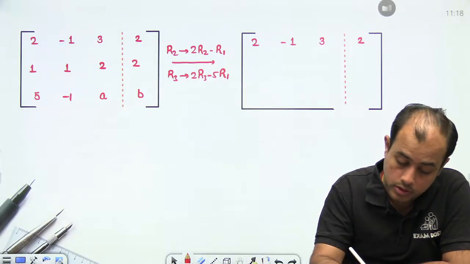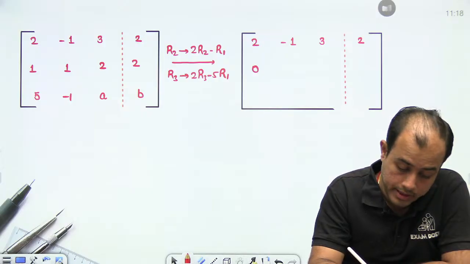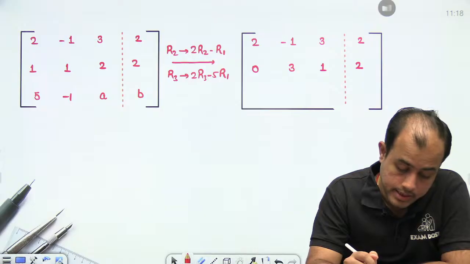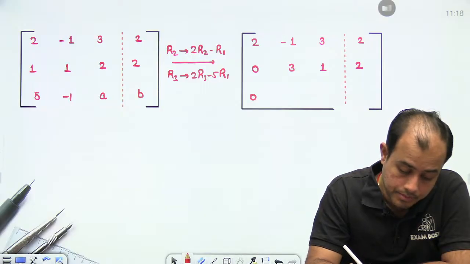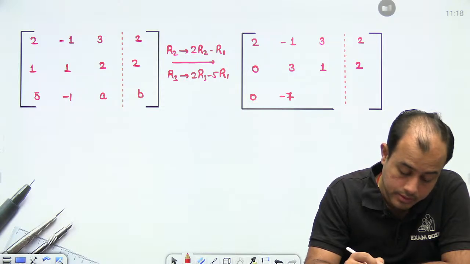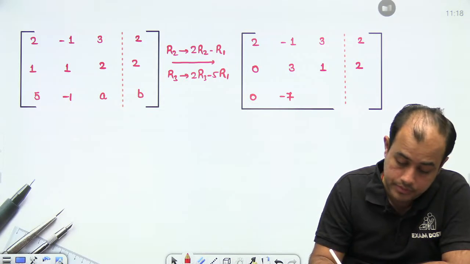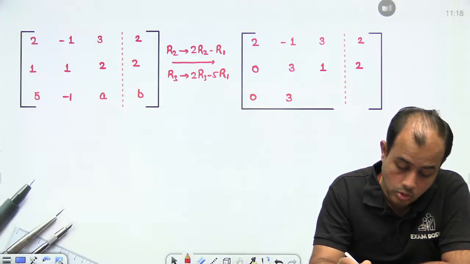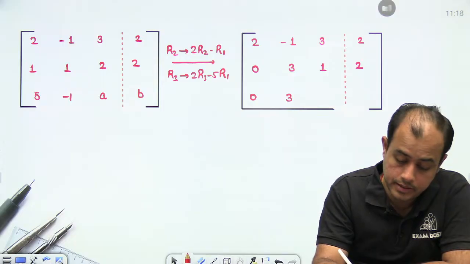Sorry, 2 minus 2, 0. So 2 minus minus 1, 3. 4 minus 3, 1. And then 4 minus 2 is 2. 10 minus 10, 0. Minus 2 minus 5, minus 7. Minus 2 plus 5, 3. 2A minus 15. And then 2B minus 10.